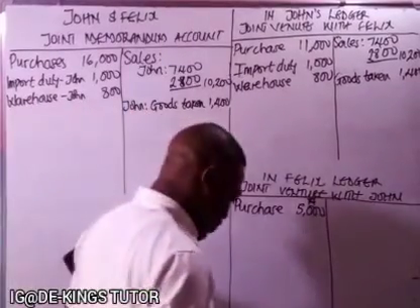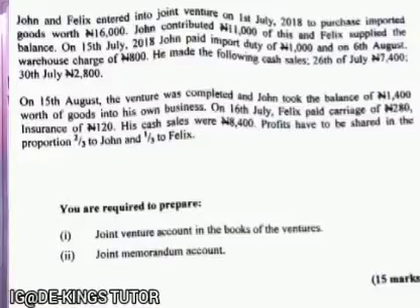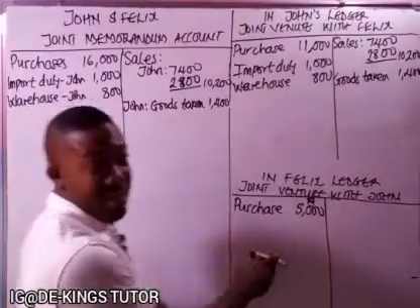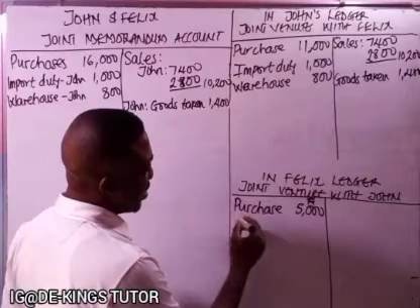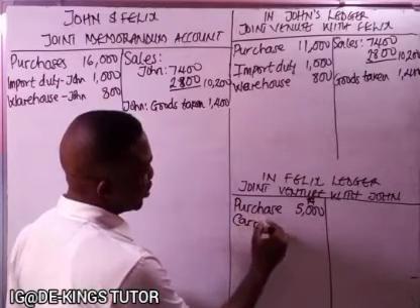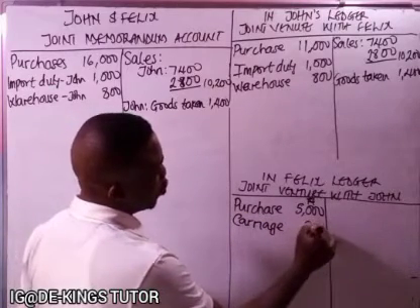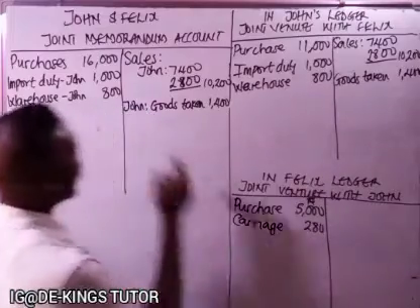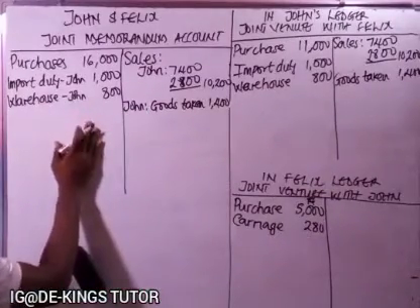Okay, so the next one, it said on 16th July, Felix paid carriage of 280. Felix paid a carriage of 280. Okay, now come to Felix. He made an expense, so right here, carriage of 280. I'll come to the joint memorandum.